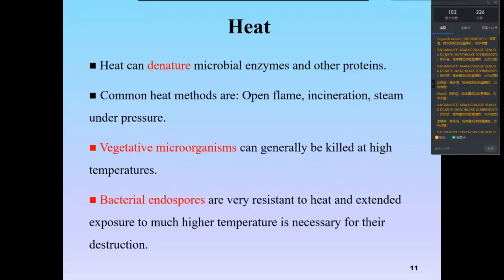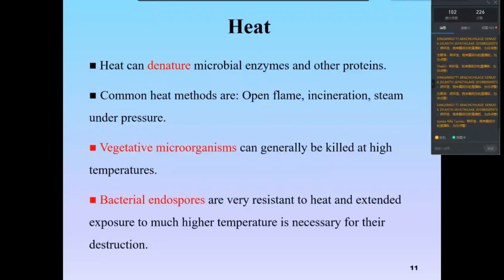There are different methods to increase the temperature, like open flame. You have some fire, like you burn alcohol or natural gas. You have this open flame, the fire, which can increase the temperature.